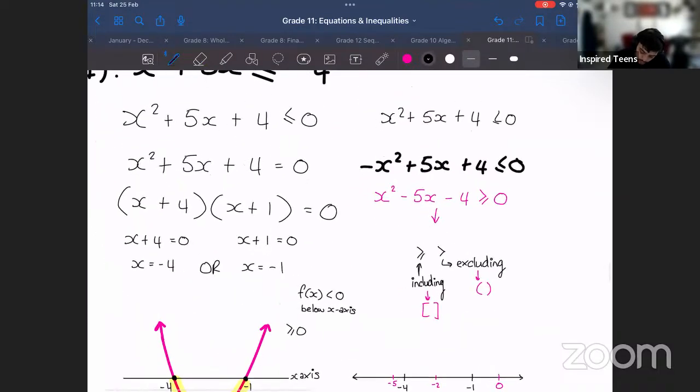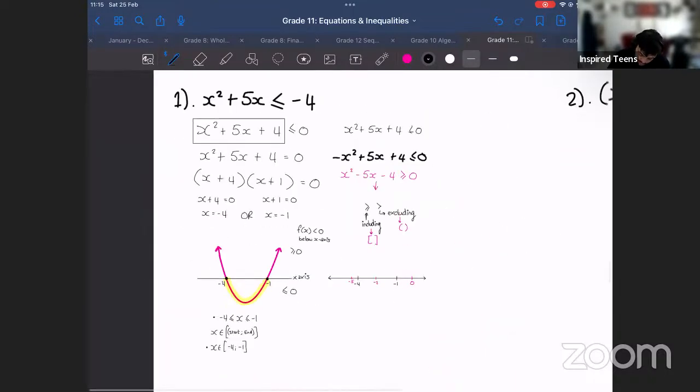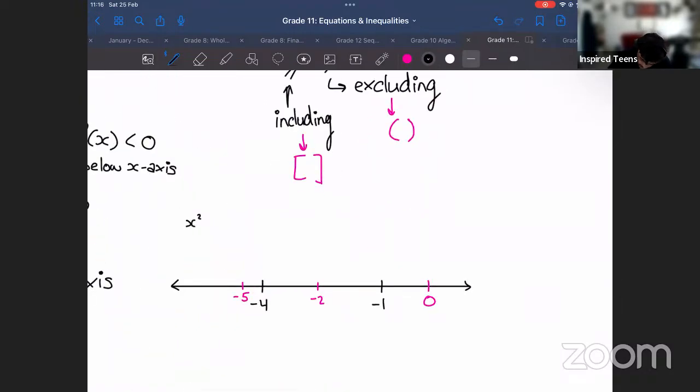So what you want to do is you're going to take your initial trinomial, and that's where you're going to substitute the value. So x squared plus 5x plus 4. You're actually going to substitute those specific values. So you're going to say -5. Why am I taking -5? Again, it's because it's before -4.